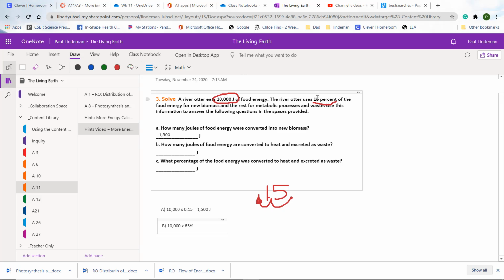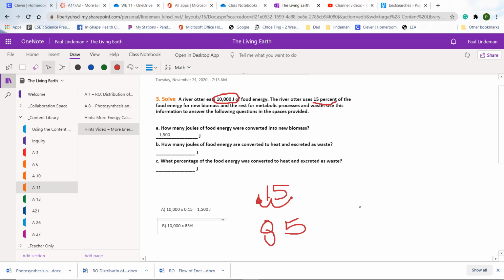Again, if 15% were used for biomass, then the rest of that energy would be used for waste, so that'd be 85%. So again, we're going to convert that.